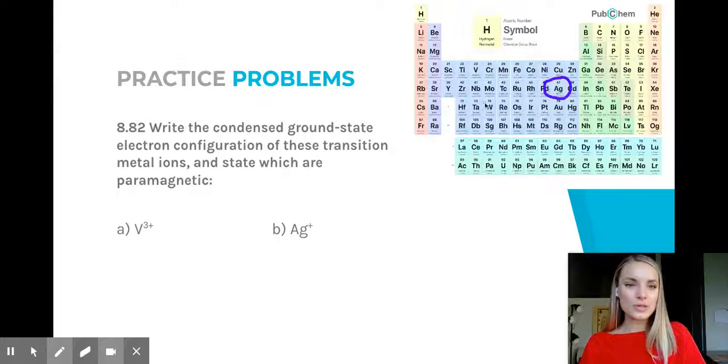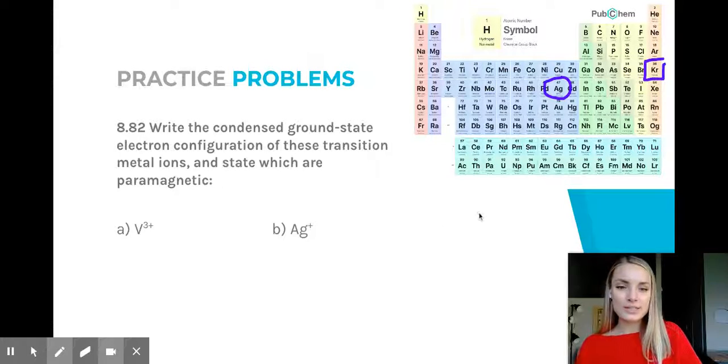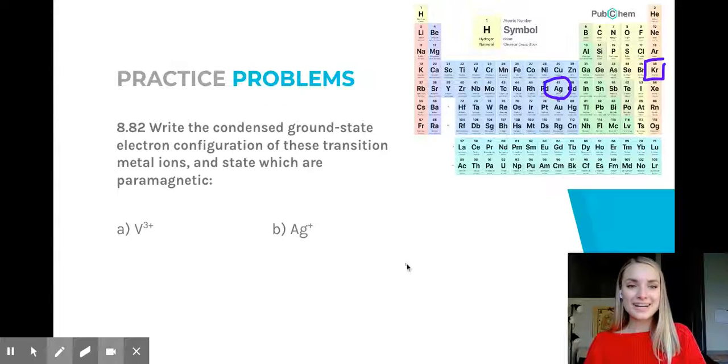And then, of course, we're also going to have to locate our previous closest noble gas. In this case, it's going to be krypton. Krypton has an atomic number of 36 and silver of 47.